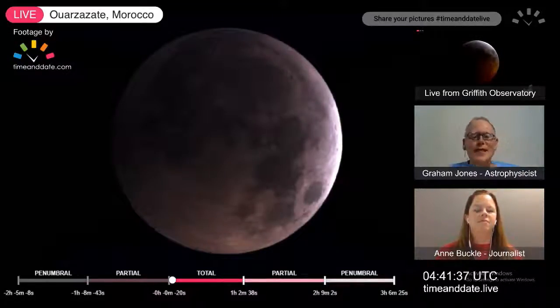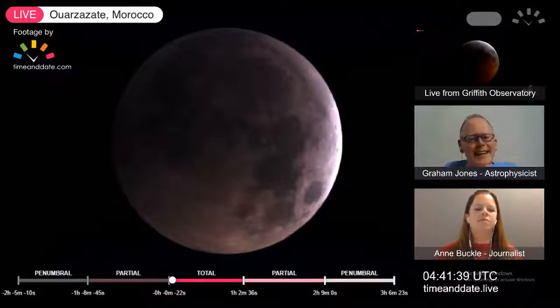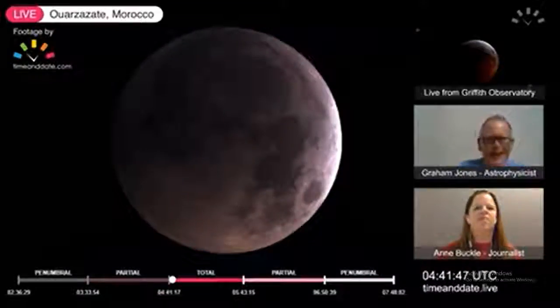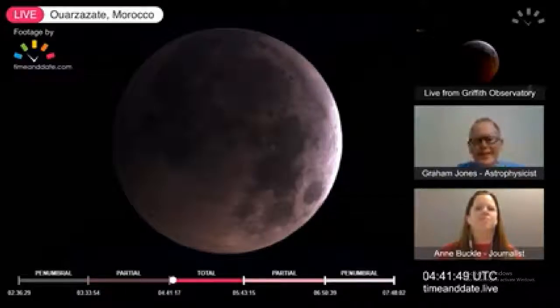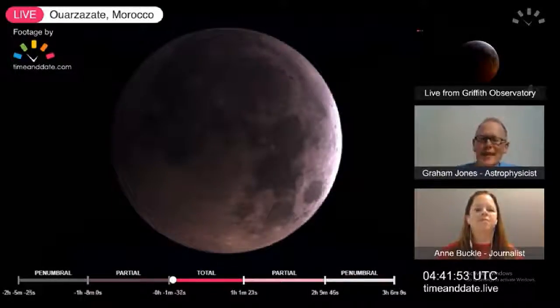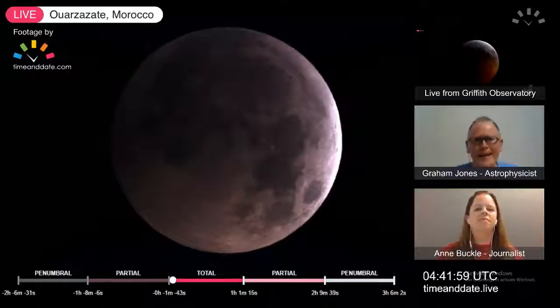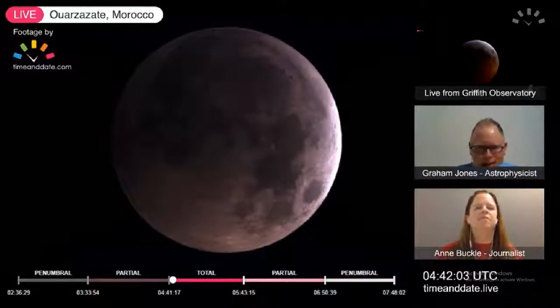If there have been things like volcanic eruptions which throw a lot of particles up into the Earth's atmosphere, this can affect the scattering of light, and it means that the color of the sunlight that is being bent towards the moon can take on different shades. So sometimes it is a very pinky red, sometimes it's a very muddy brownish red.